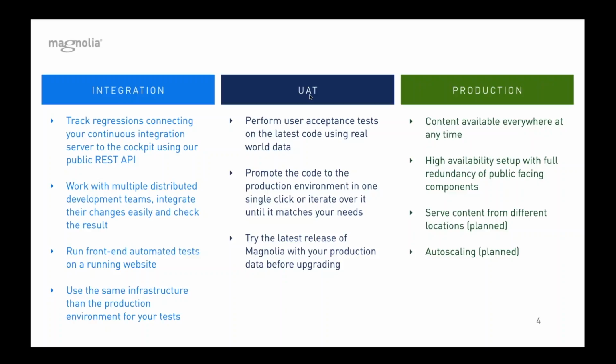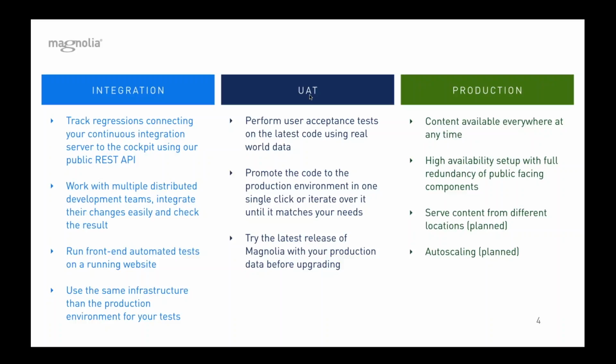And if the business decides that it's a good release and we want to promote that code to production, this can be done with a single click. Or if you need to do some more iteration to fix some last bugs or add some improvements, you can decide to iterate over it again.